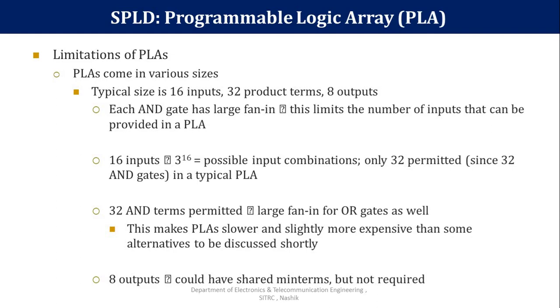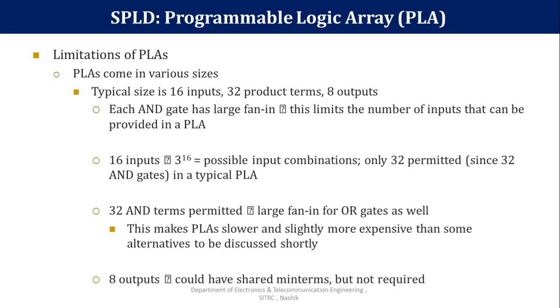Means the AND gate has a large fan-in, which limits the number of inputs that can be provided in the PLA. As it has 16 inputs, 3 raised to 16 are the possible combinations only. Hence only 32 product terms are generated by the AND gates, and this is again a limitation.